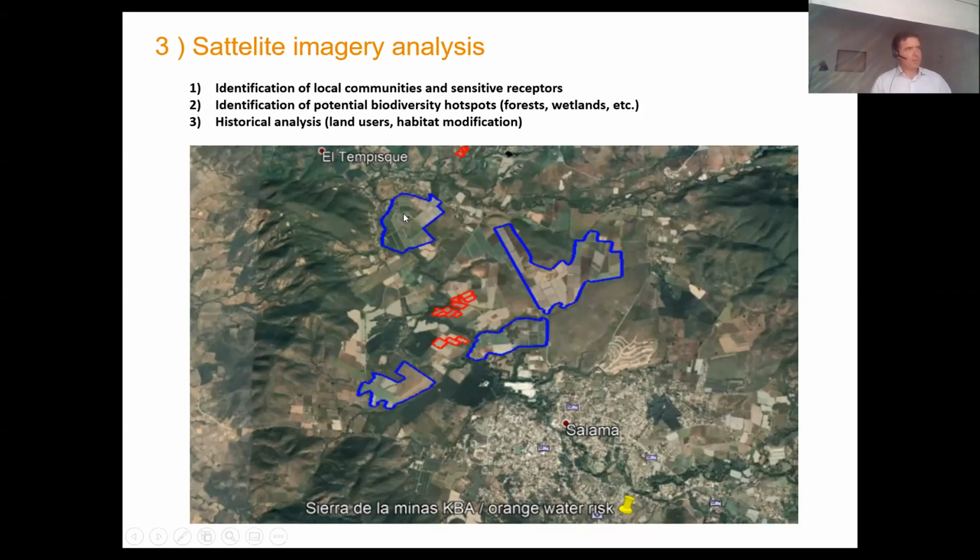So for example, these are fields in Guatemala which are located within a key biodiversity area, but most of these are in the valleys, which are very heavily, or let's say intensively, cultivated. So you could not expect an impact on biodiversity, you know, in the past or in the short term. But you can look in terms of, is there any local river, any local communities that may be affected, and so forth.